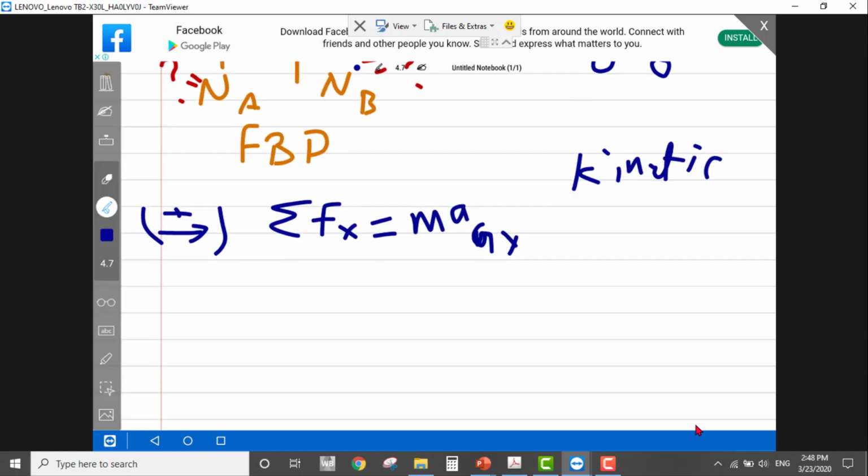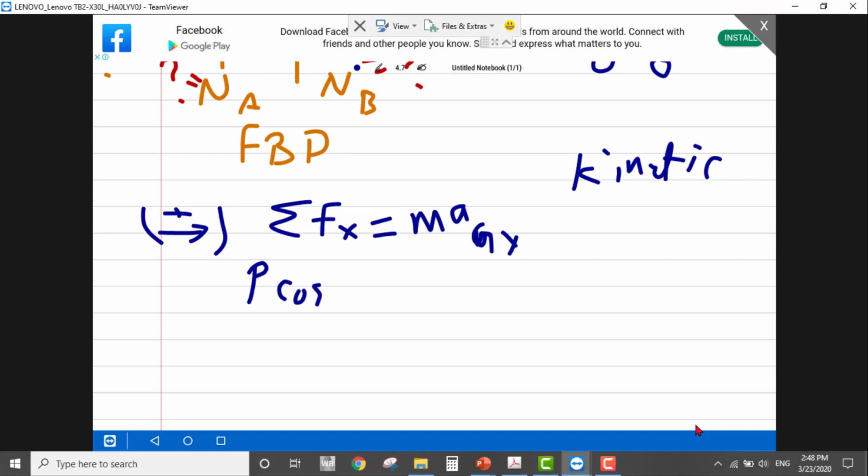So Bx, or instead I can write B, the external load, multiplied by cosine theta, which is 60. And this is equal to the mass of the hand cart, which is 200, multiplied by a G in X direction.